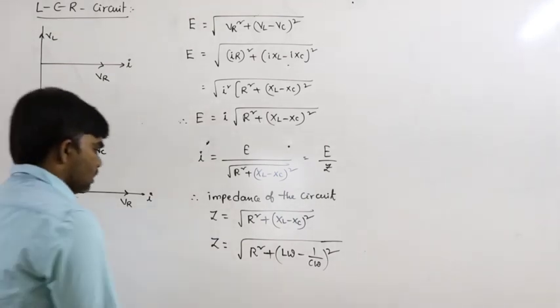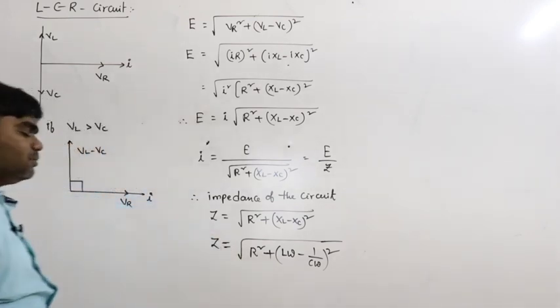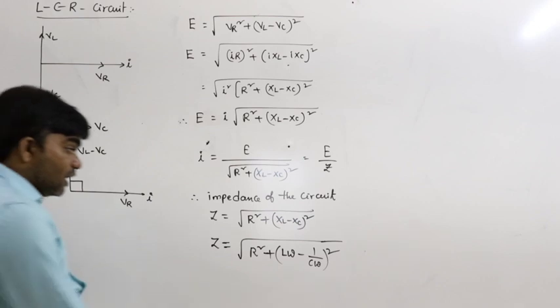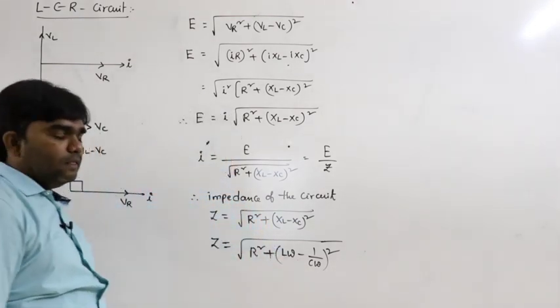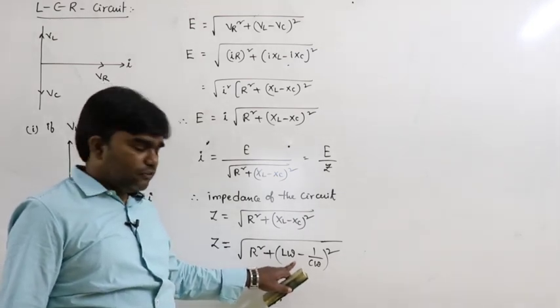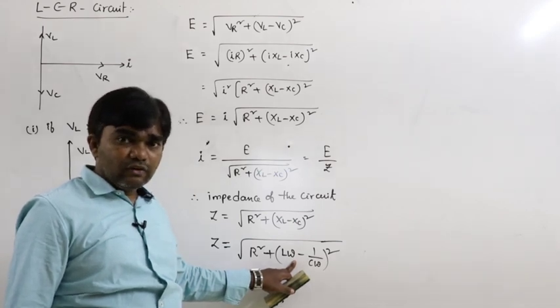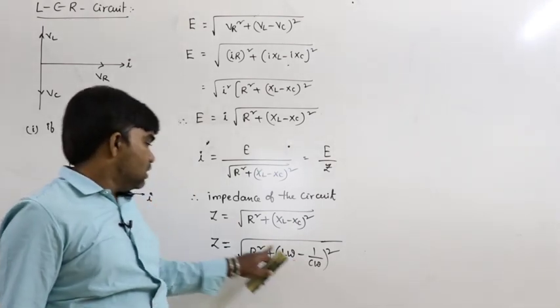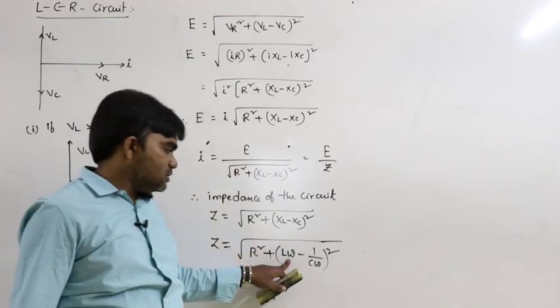So this is how this impedance varies. If the alternating frequency omega can be written as 2 pi f, if the alternating frequency increases, inductive reactance L omega also increases.